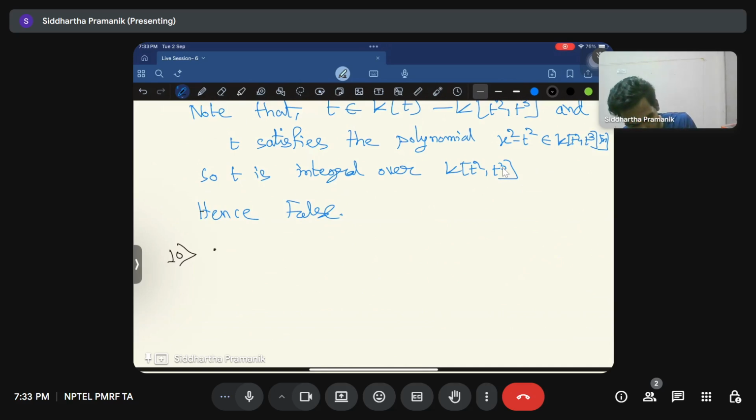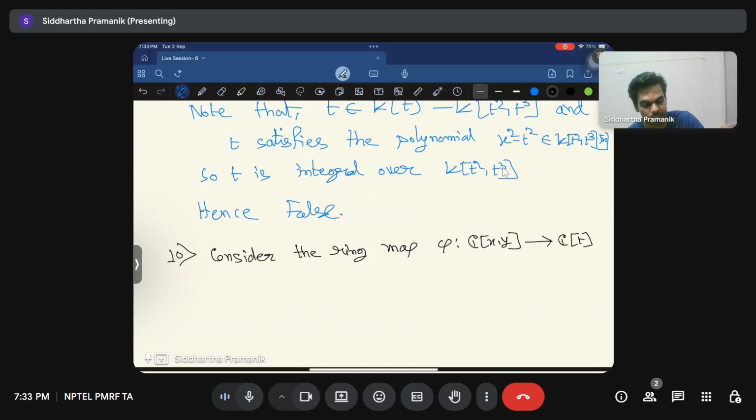Consider the ring map phi from C[x, y], the polynomial ring in two variables over C, to the polynomial ring over C in variable t, defined by x mapping to t and y mapping to t^2.